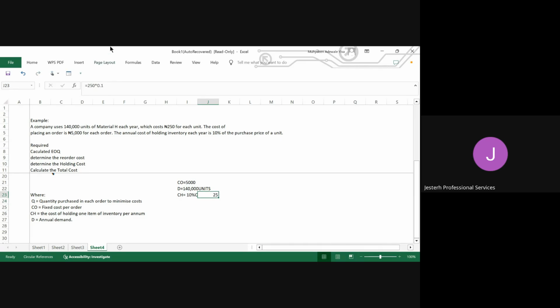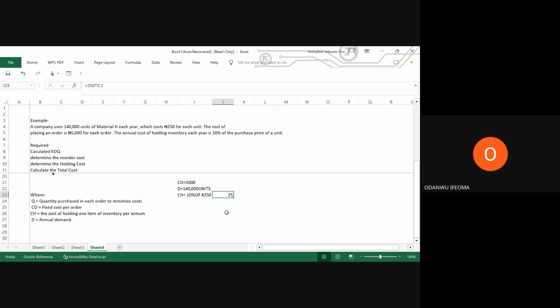It means for every unit of material H that we are bringing into the store, the company has budgeted a holding cost of 25 naira for each of the inventories, or each of the material H that they are bringing into the store. So now we have simplified.